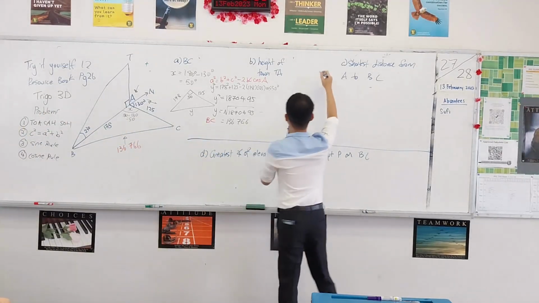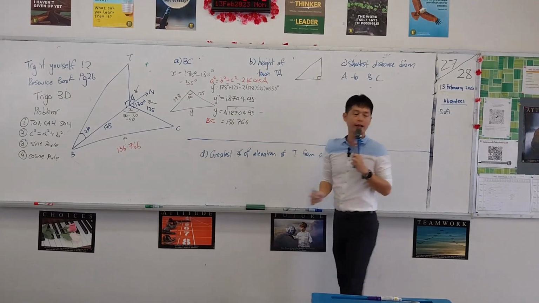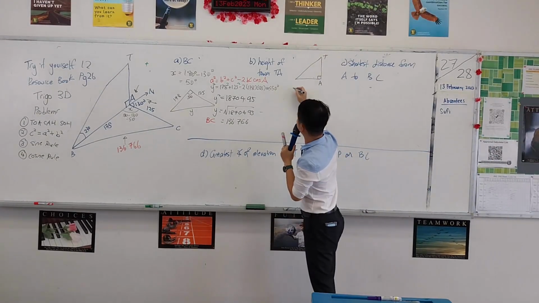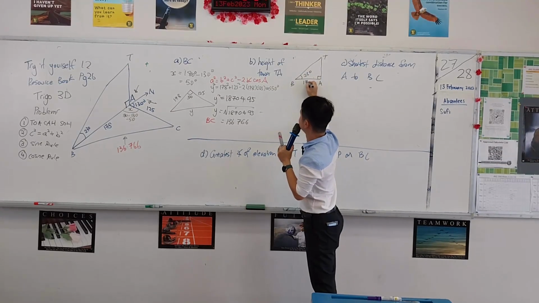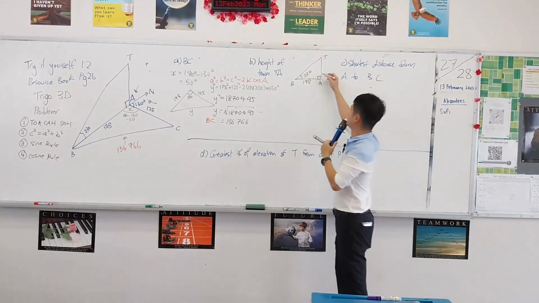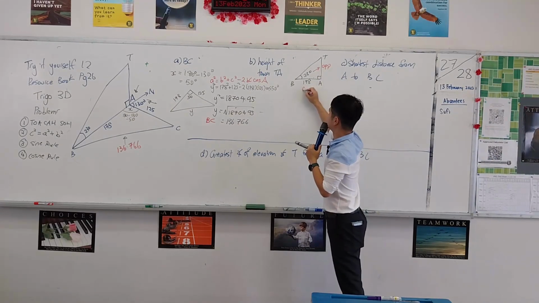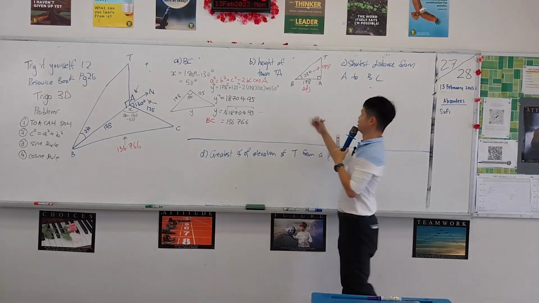I draw out the diagram for you now. For the diagram I'm going to use, it is a right angle triangle. So this is A, T, and B. Because I have the angle 23 and the length 178, I can use SOH CAH TOA.